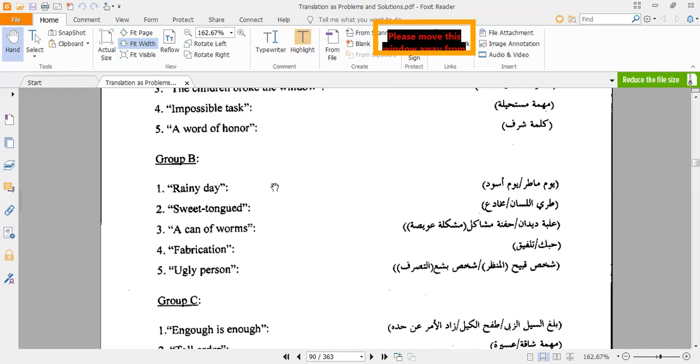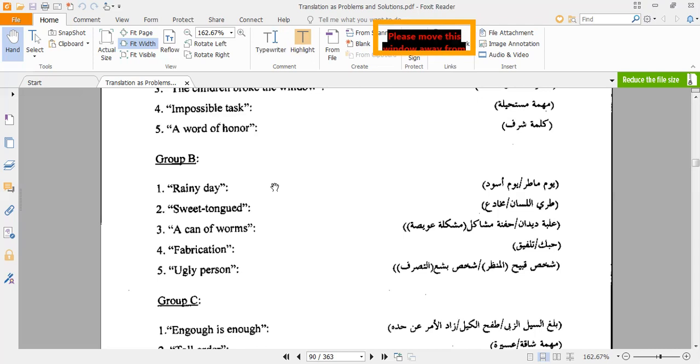So in this way, expressions in group B have two levels of meaning. The first one is metaphorical and the second one is non-metaphorical. Translators can determine the needed one by relying on the context.